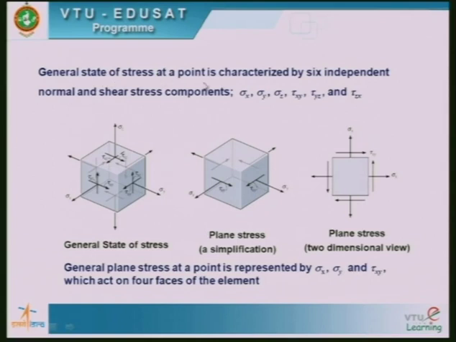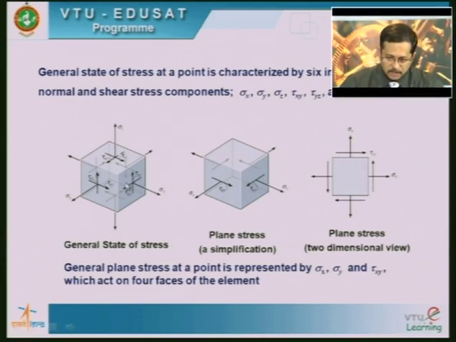General state of stress at a point is characterized by 6 independent normal and shear stress components, as I have explained: sigma x, sigma y, sigma z, tau xy, tau yz and tau zx, which is indicated in this diagram. Now from this you can take the plane stress, which is acted upon by sigma x, sigma y and tau xy on this plane.